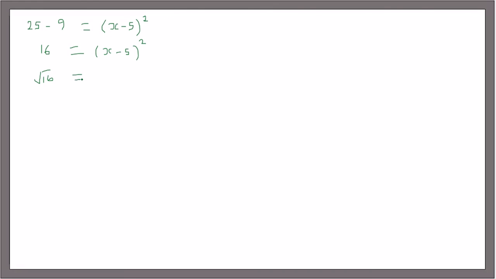This will be the square root of x minus 5 squared. You should remember, the root would cancel with this, always go with this.